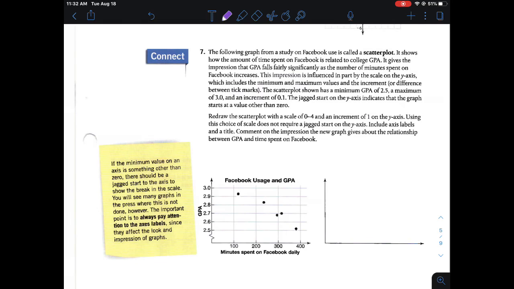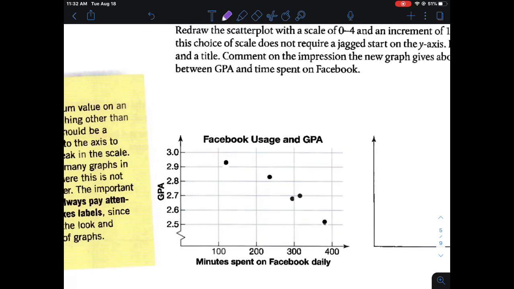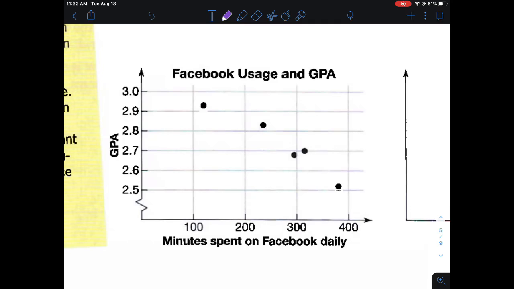It gives the impression that GPA falls fairly significantly as the number of minutes spent on Facebook increases. So if we're looking at the graph, we see less minutes. Oh, I'm actually going to use a highlighter. There's my first point. We're spending a little over 100 minutes, and our GPA is right above a 3.9.